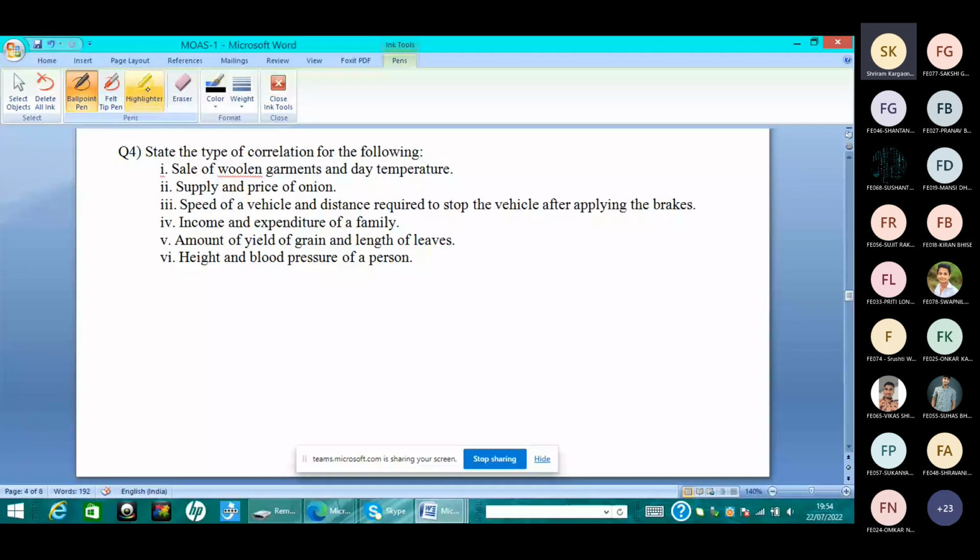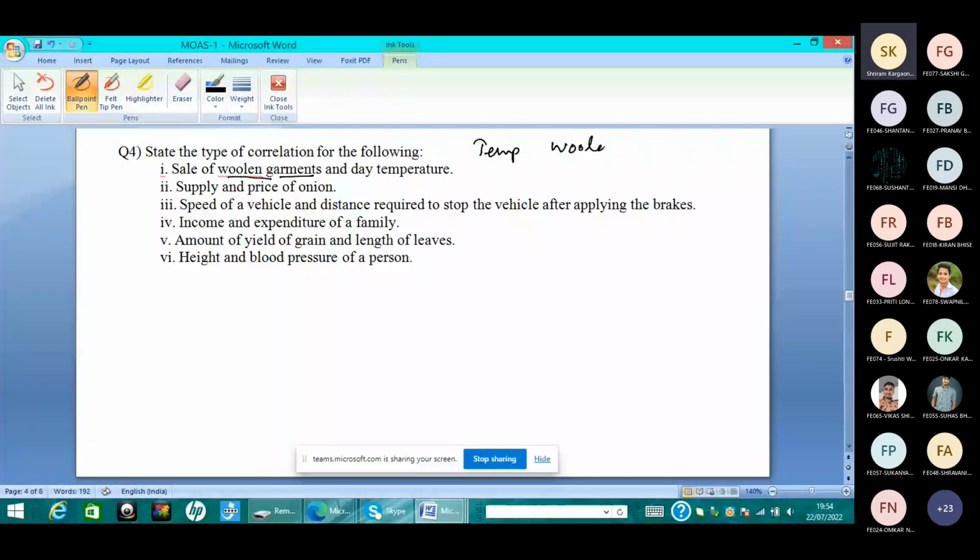So now, state the types of correlation for the following. Sale of woolen garments and day temperature. What do you think? Let's take temperature and woolen garments.